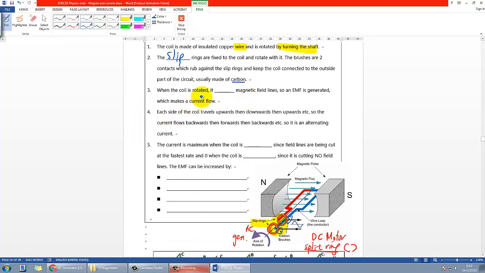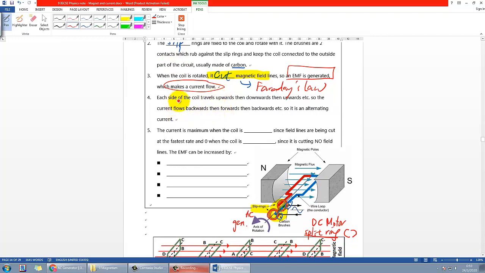When the coil starts to rotate, you can see it will cut magnetic field line when it is rotating. So this is something to do with the Faraday's law. Whenever you have a change of magnetic field line, so you may want to denote here something to do with Faraday's law, and therefore EMF will be induced or generated, and therefore there will be a current flow, since this is a complete circuit.